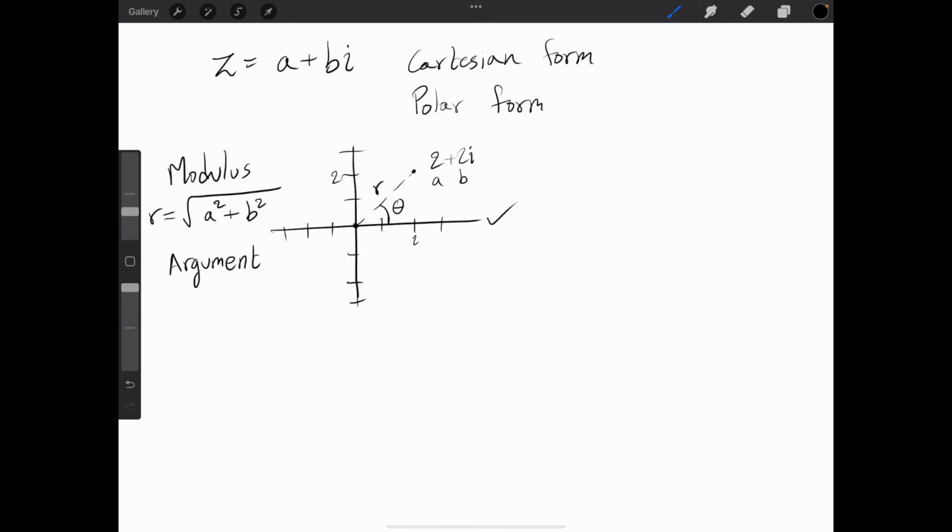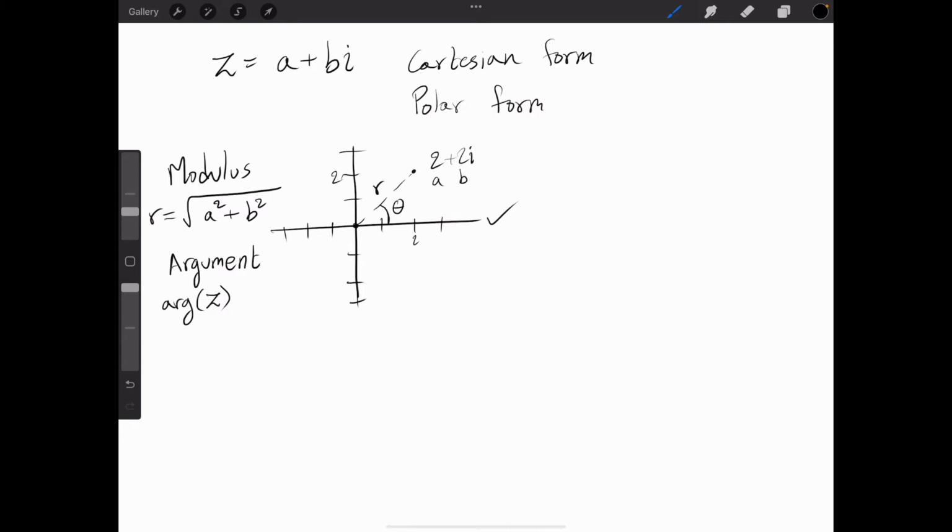So that is the argument, that theta. We can denote the argument in two ways. We can just call it theta, or we can call it arg of z, z being the complex number. So arg of z would give you the argument of the complex number z.